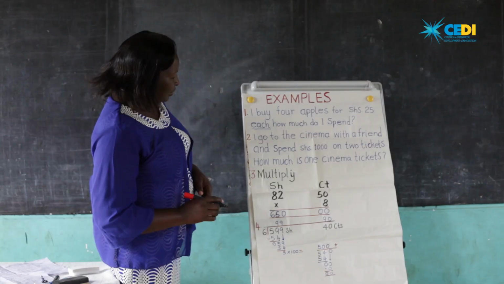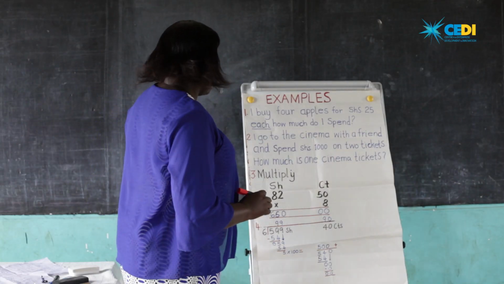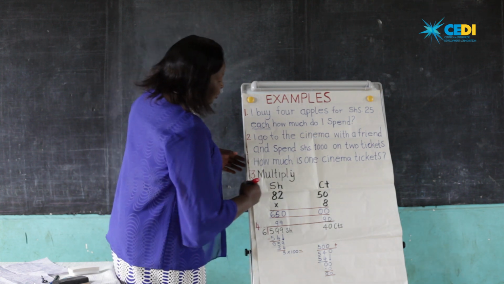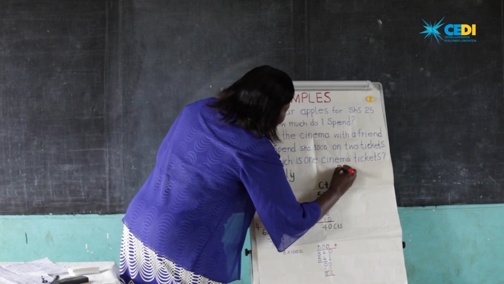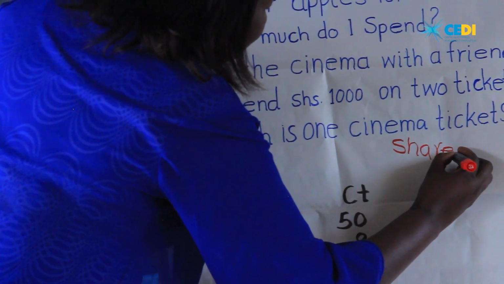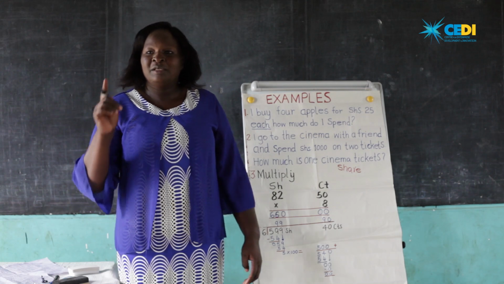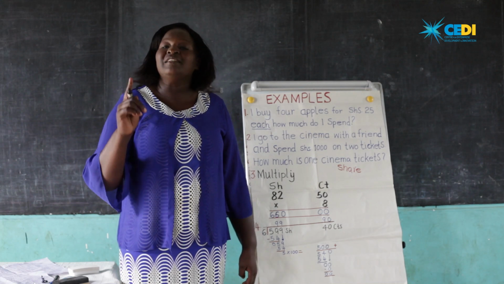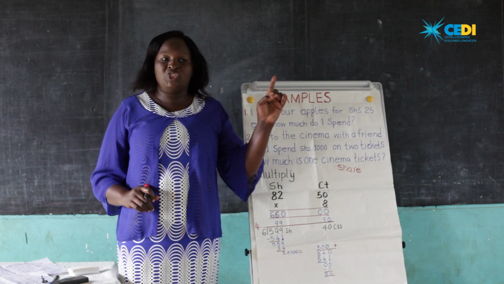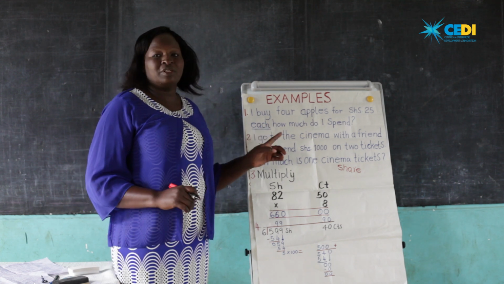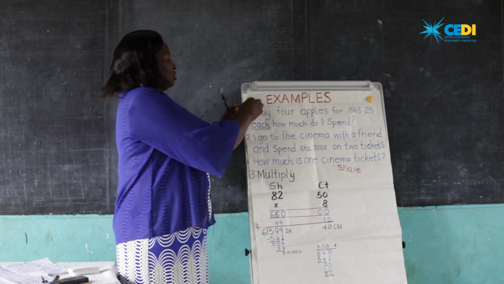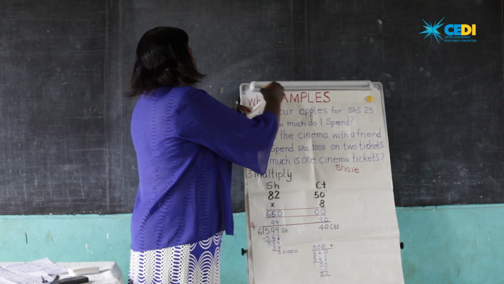Then our second question, it didn't have that word, but when you get the word share, then please, you will not forget to use division. So when you master those 2 words, each for multiplication, and share for division, you'll never go wrong when you are going to work out word problems in mathematics.